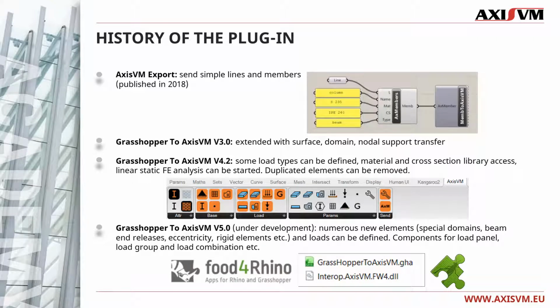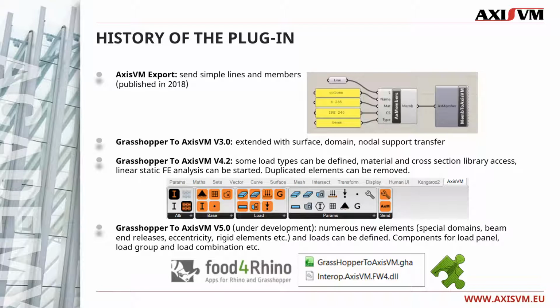Then V 4.2 brought some components for load definition as well. The material and cross-section library of AxisVM has become directly available from Grasshopper, linear static FE analysis can be started, and some settings have been available to speed up the data transfer in special cases.